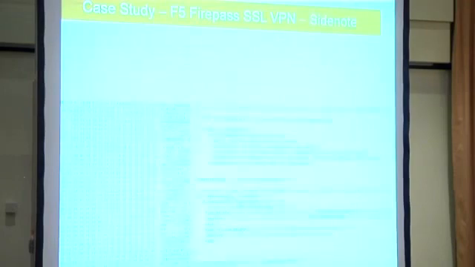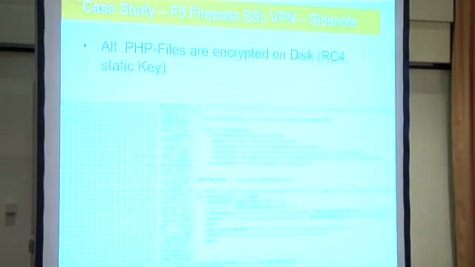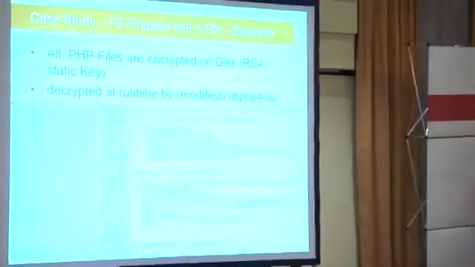So in the FirePass we find a ton of PHP files which look like on the bottom left. The left is a hex editor view. So we've got basically garbage, encrypted garbage. And when we go ahead and try to analyze these PHP files, or rather the programs that use these PHP files, we're going to find out that they're using GPG and a static key, and the decryption takes place in libphp.